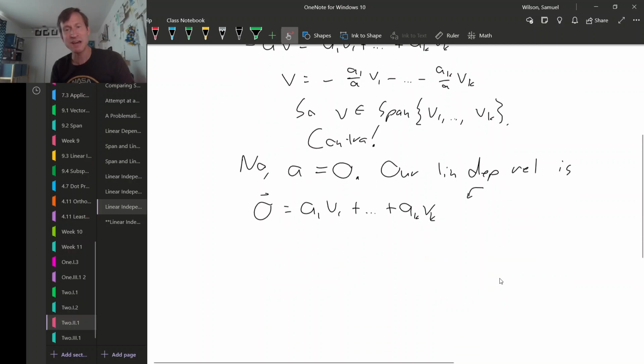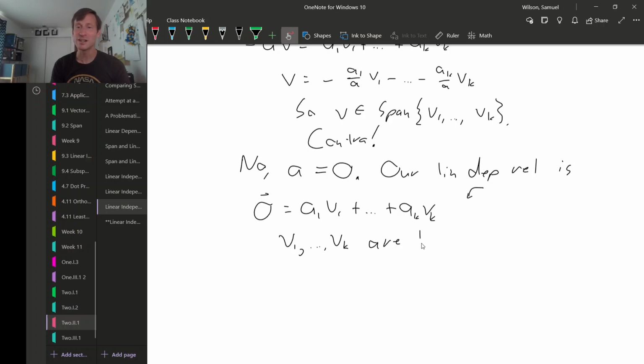Okay, so now we have this linear dependence relationship. But look, this is a linear dependence relationship only among the vi's. So v1 up through vk, we assumed at the beginning that these are linearly independent. And that means that a1 has to be 0 all the way up through ak has to be 0.